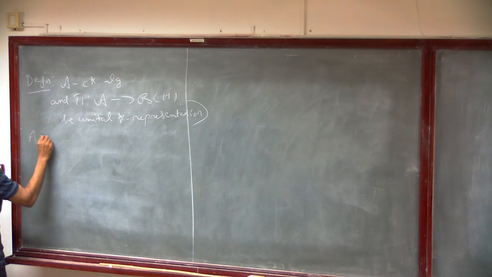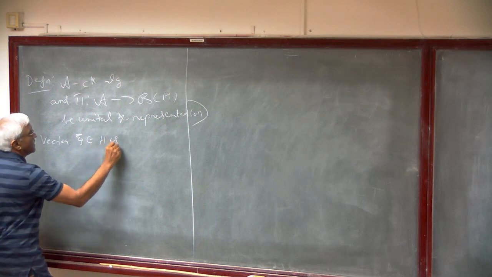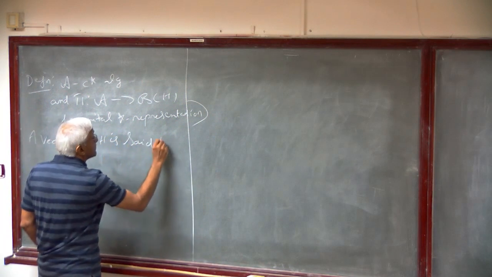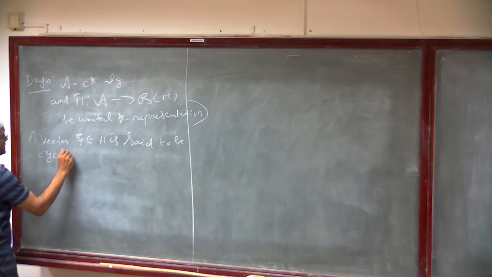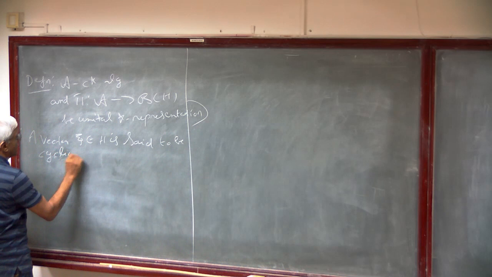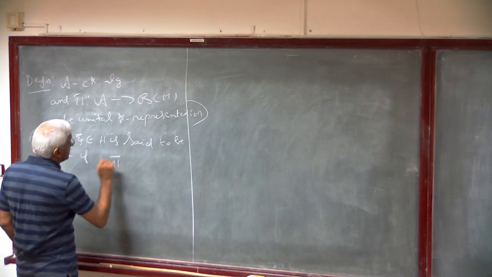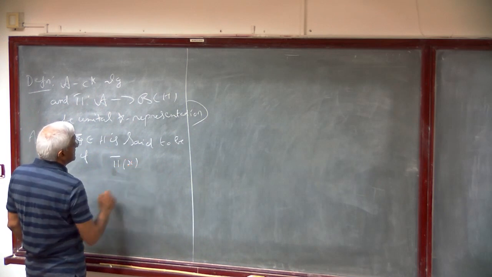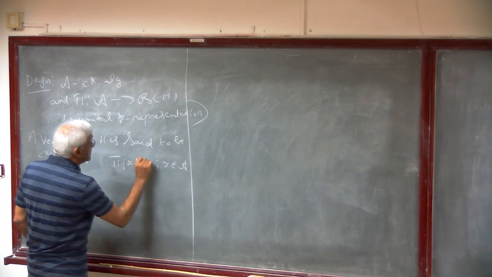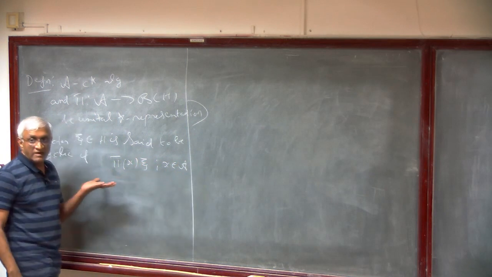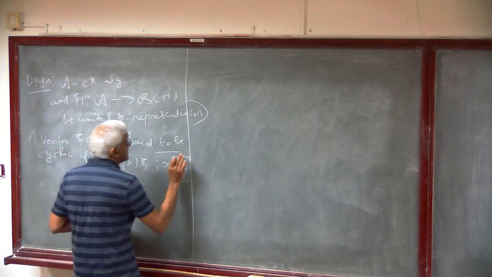A vector ξ in H is said to be cyclic. A vector is said to be a cyclic vector if you apply π(x), x coming from A, on this ξ, that will give a vector subspace of H. You take the closure.